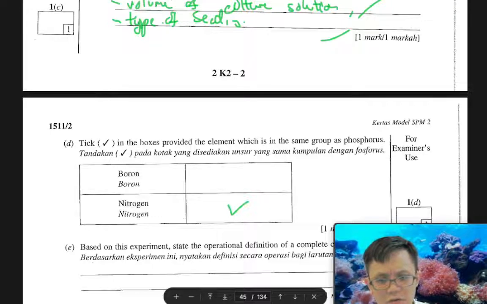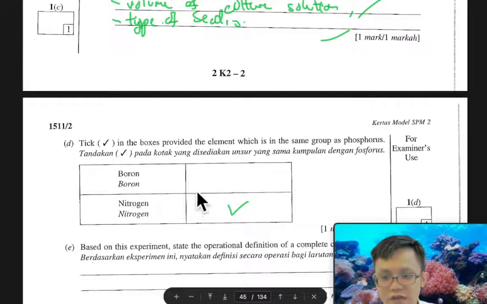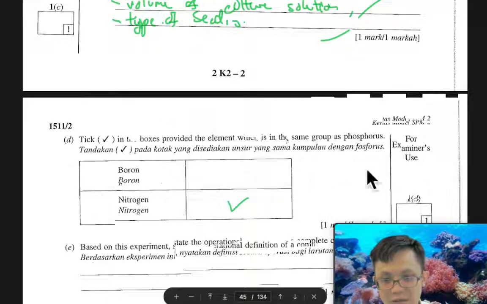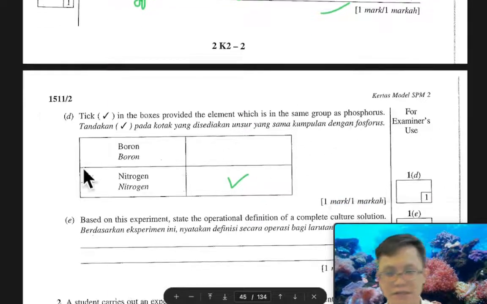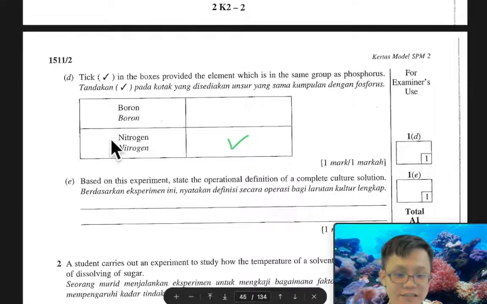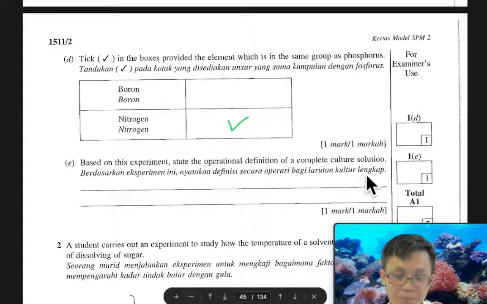Micronutrient and macronutrient. Oh, not the periodic table. Okay, so they are talking about the group in macro and micro. I thought they were talking about the periodic table. Yeah, it's in the textbook. Ah, okay. So of course there are macronutrients and micronutrients for plants and also for humans.